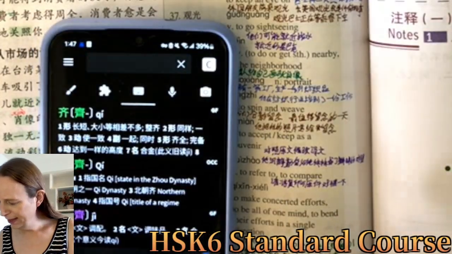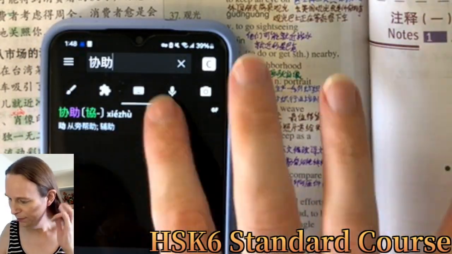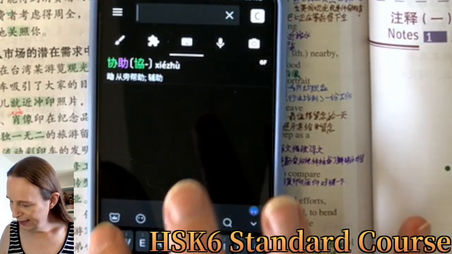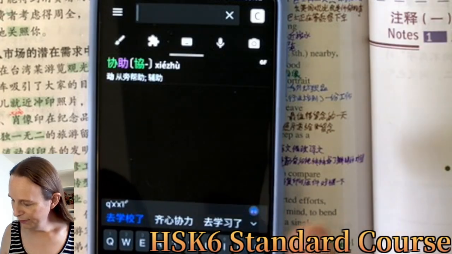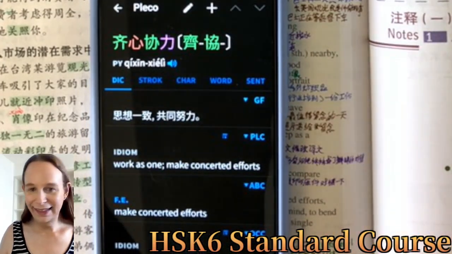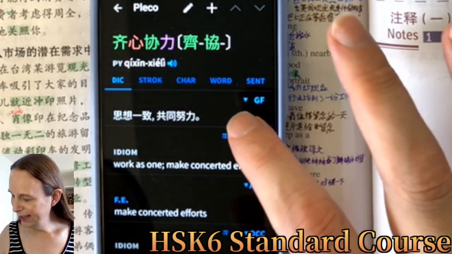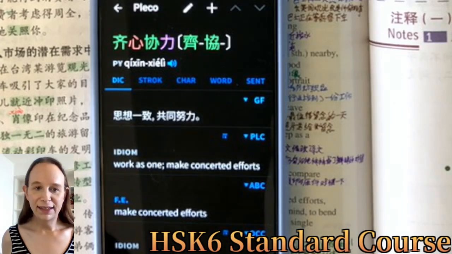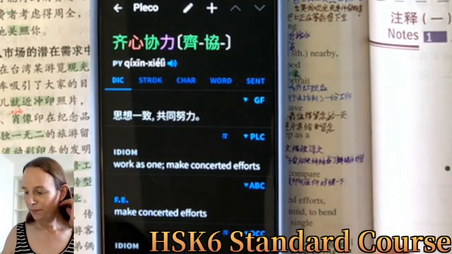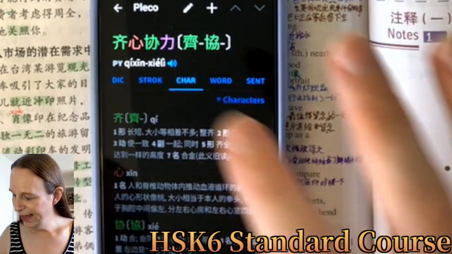协助, maybe 协助的协. What do you reckon the 协 is in this one? 齐心协力. It's not clear what the characters mean entirely. 思想一致. So everyone's thinking the same, working towards the same goal. 共同努力. Yeah. So 协.